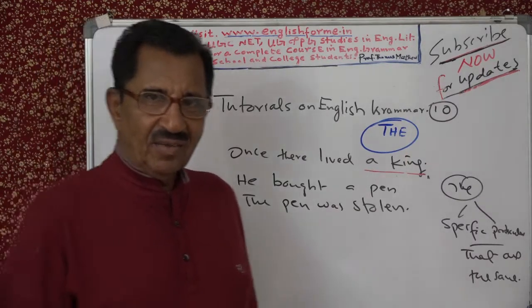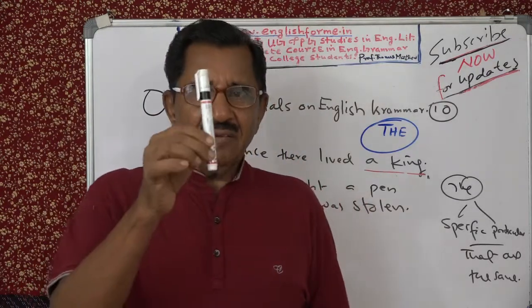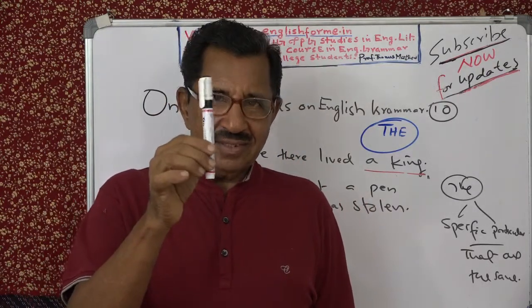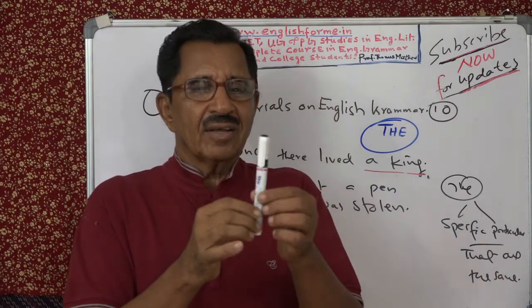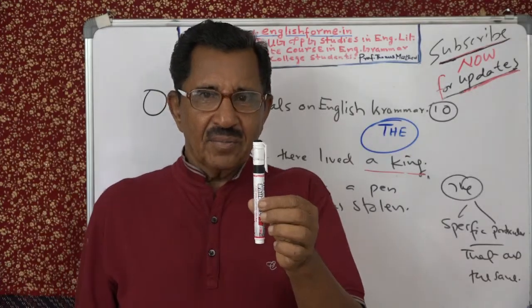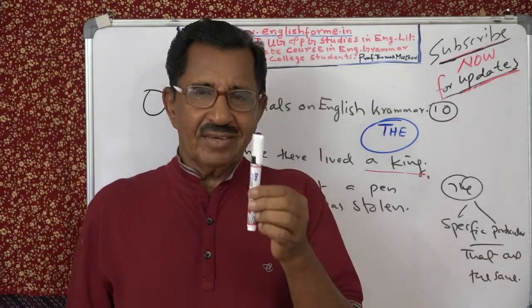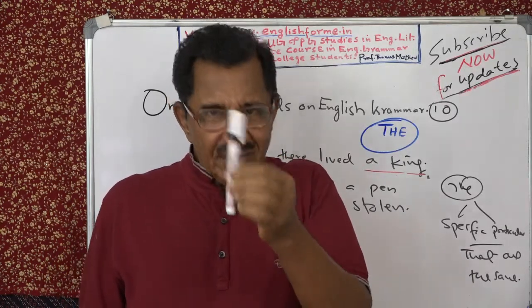Listen to me. For example, again, I have a pen. The pen is broken. I have a pen, the pen is broken. This pen is broken.